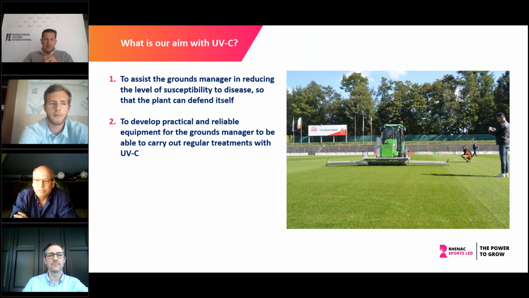And also, as part of that, to develop a practical means to actually apply that on a sports pitch or a golf course where it's needed, because that's an important part. You can develop the best scientific methodology, but if it's not practically possible to apply it on your pitch, then it doesn't leave us anywhere. So we thought of that, and at the end of the presentation, we will give you the ins and outs of the machines that we developed.